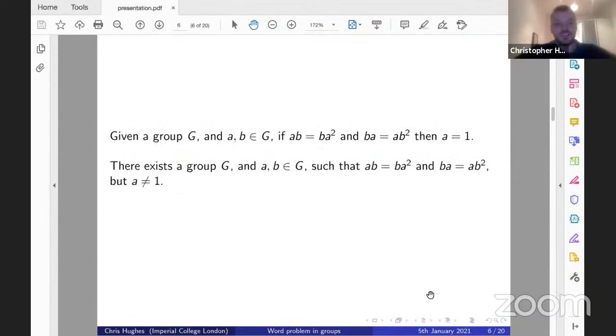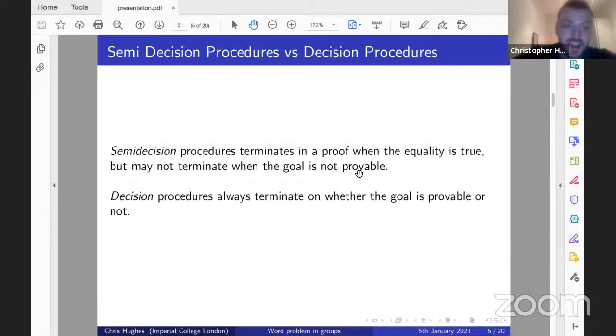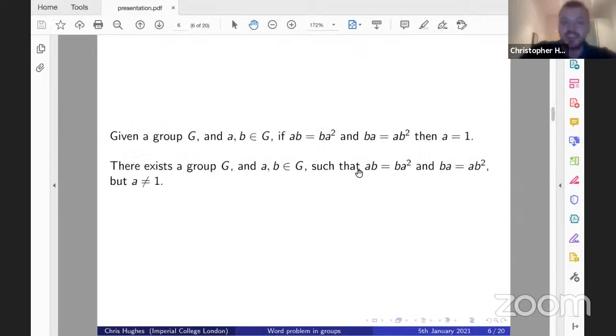So as an example, really we don't need a decision procedure, because if I take one of these propositions, like the first one, it is a proposition that I might want to prove in Lean. That's the sort of thing that might be typical. The second one is the negation of the first proposition.